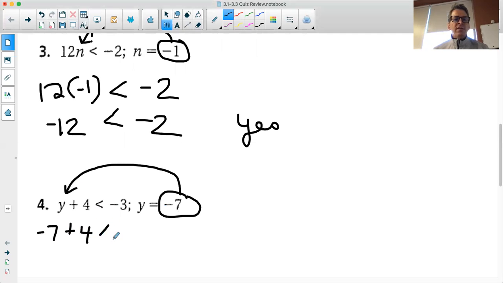And we're checking to see if that is less than -3. Okay, so -7 plus 4 is -3, and -3 is not less than -3. So in this case, number 4 would be no.